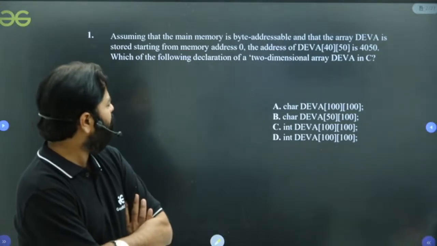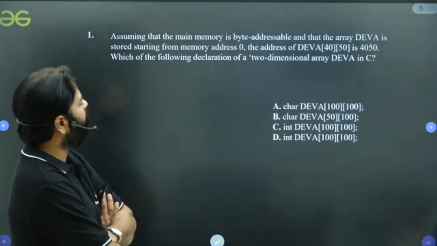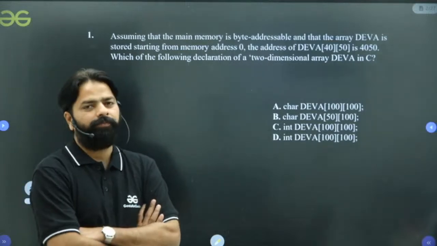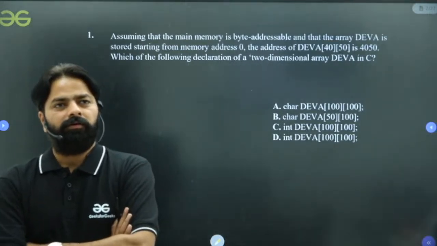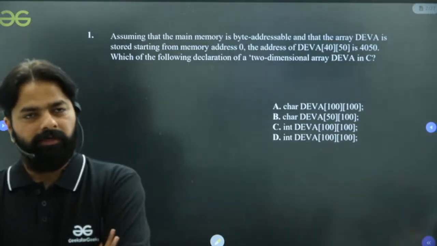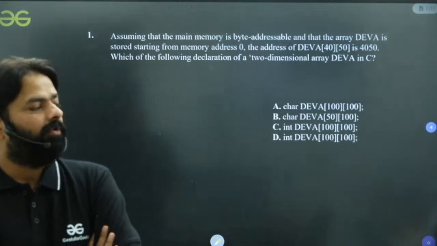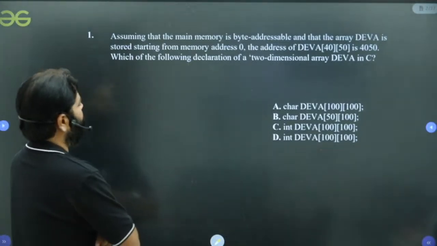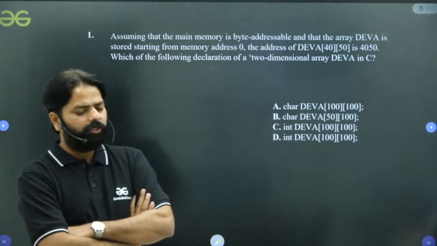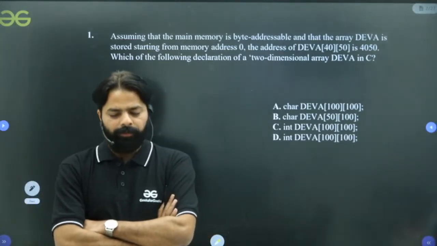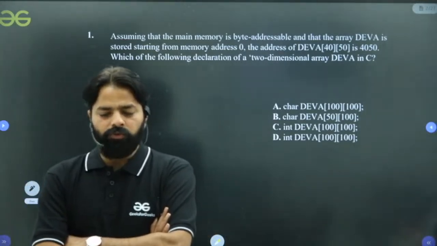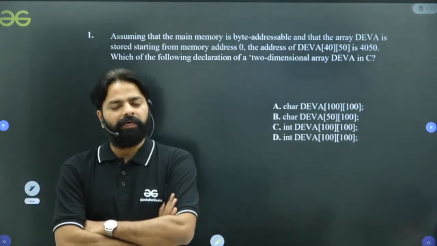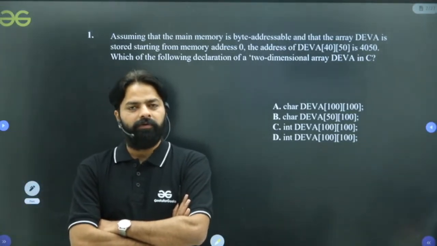You have to find the answers fresh now, and then you understand how strong your concepts are. Right? And remember, 2D and 1D arrays and pointers, definitely 1 to 2 questions you will see in the exam, so please try to practice all kinds of questions.